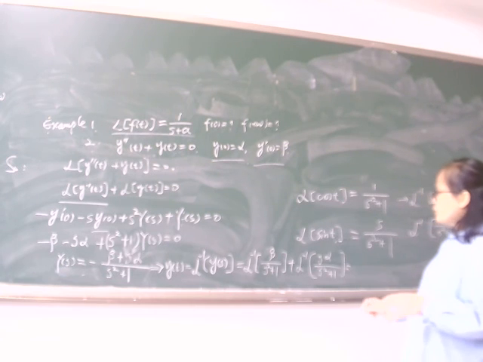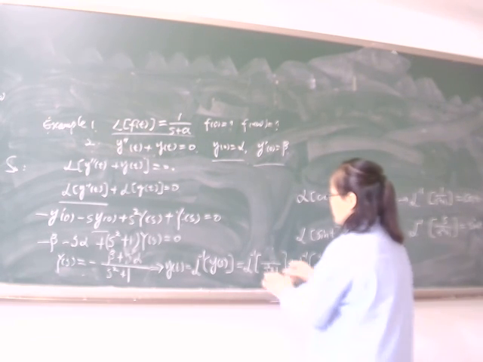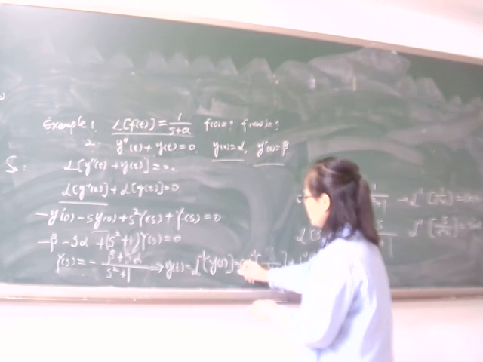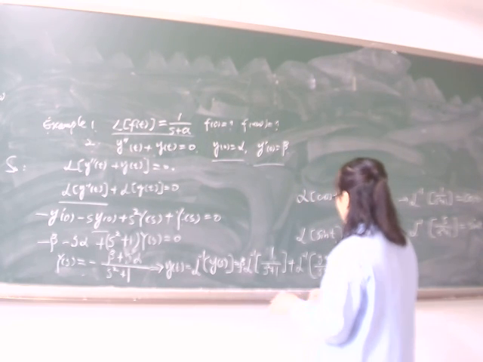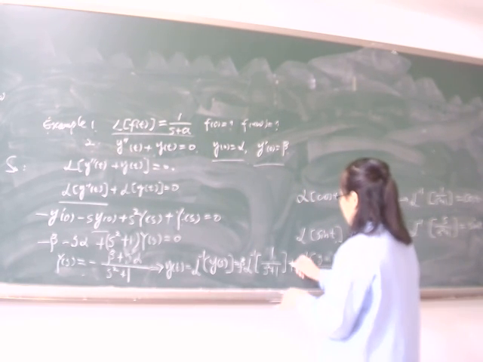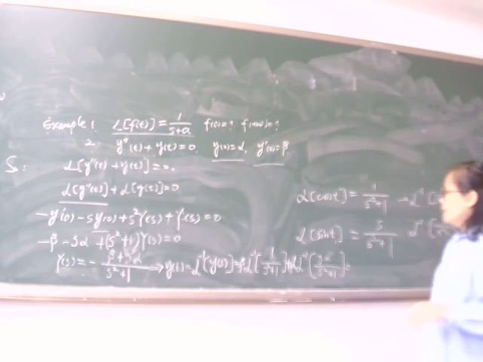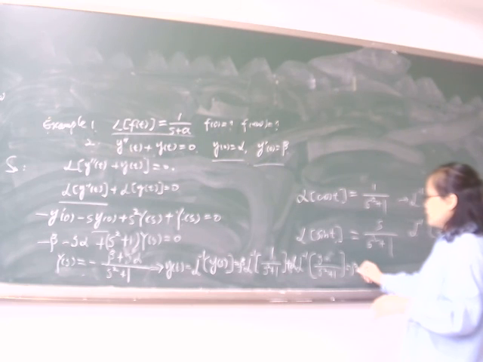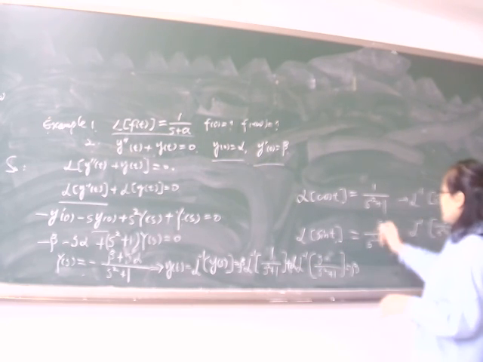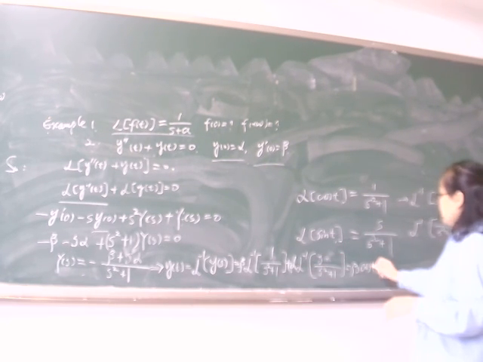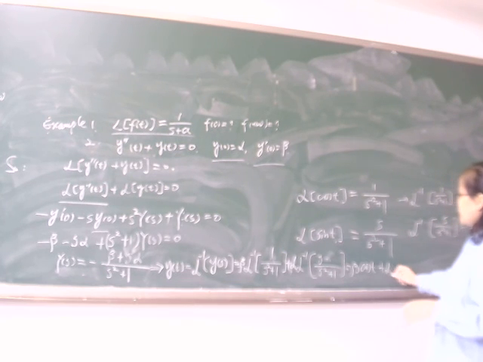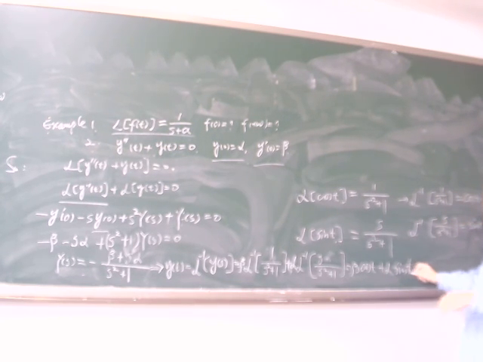The constants beta and alpha can be moved to the front of the inverse transform. So y(t) equals beta sin t plus alpha cos t.